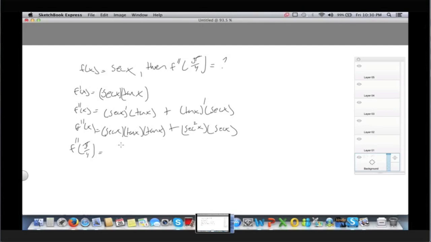So for secant squared x, I could just do the same thing, the inverse cosine, but square it.